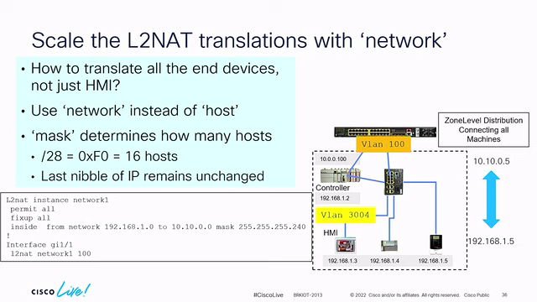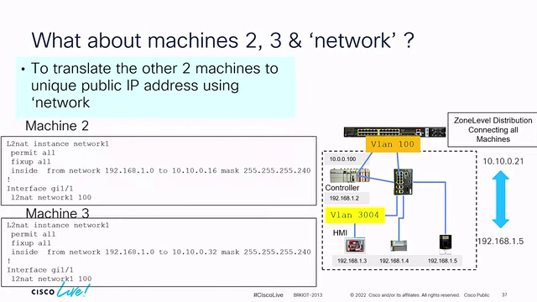So in this particular case, I'm going to take the same sort of translation that I had before and mask it this way. And so because I'm translating the whole subnet, 1.5 becomes 10.10.0.5. In this case, I've changed the IP addressing here.